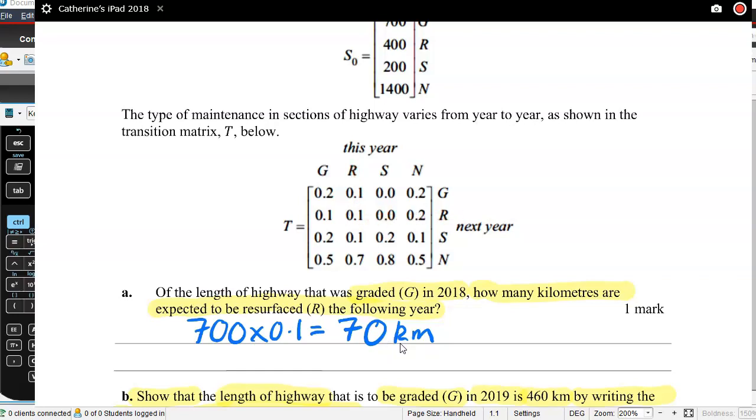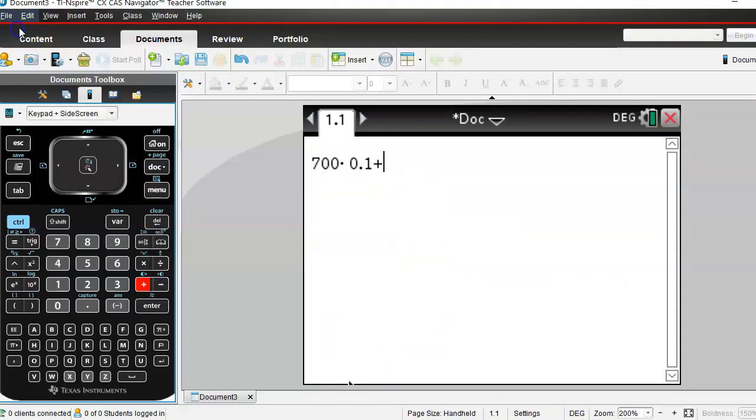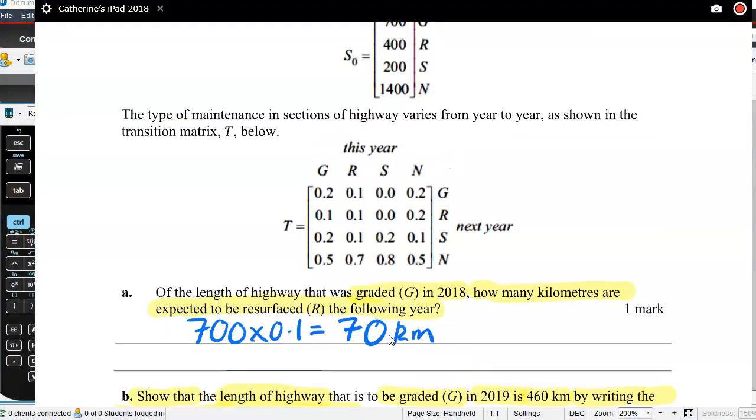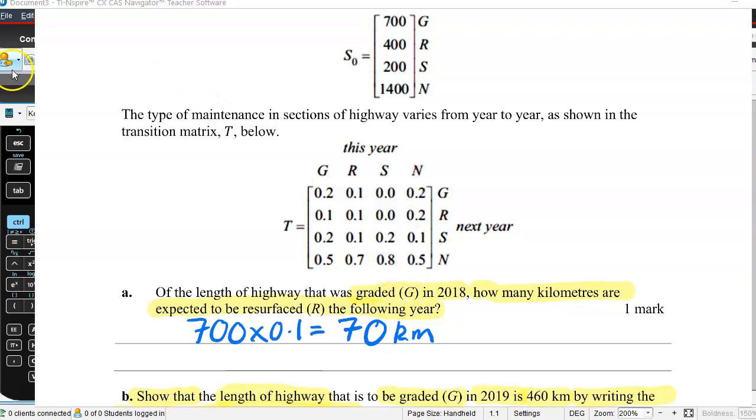There were 400 resealed roads, of which 10% are going to be resealed again. Of the sealed roads, 200 kilometres, none of them are going to be resealed. And of the no maintenance road, the 1400, 20% are going to be resealed.